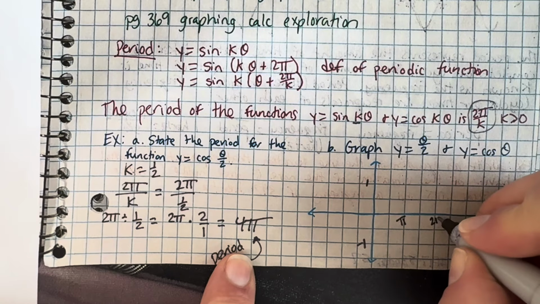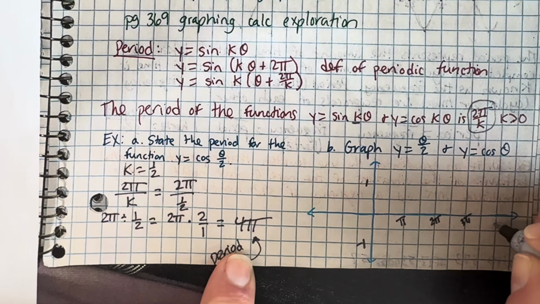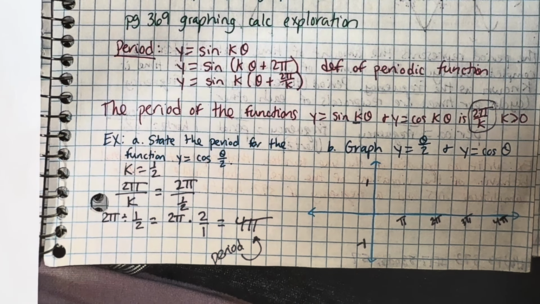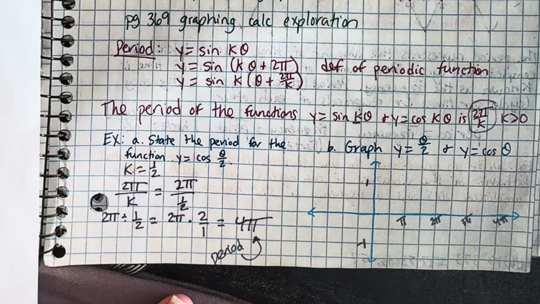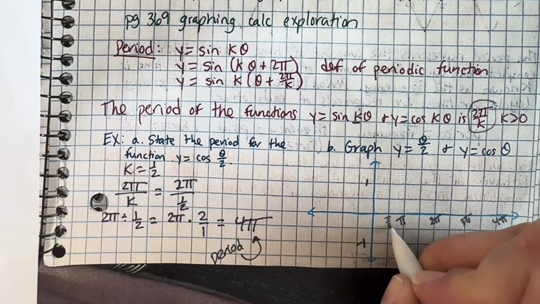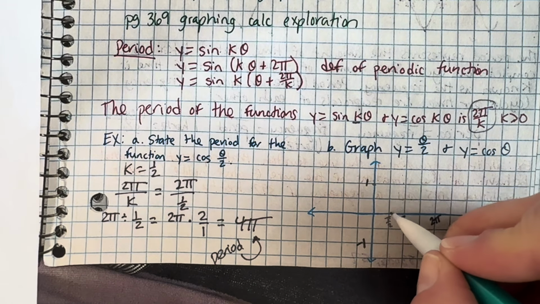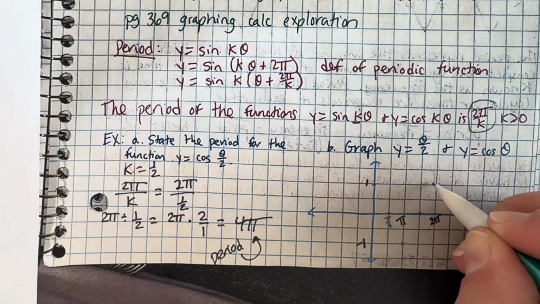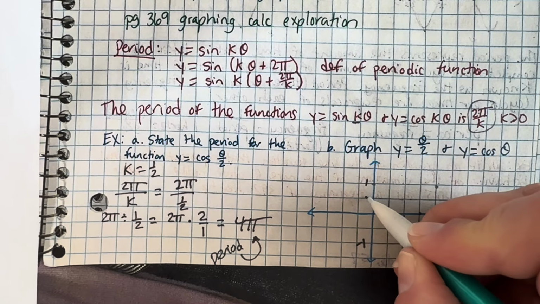So I have pi, 2 pi, 3 pi, and 4 pi. Okay. So I need to start by graphing my regular function. That means that this right over here is pi over 2. Those are my halfway points. Cosine starts at the top and it's going to head down and meet back up on those halfway points.